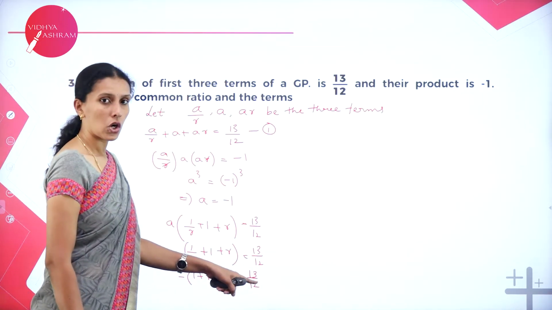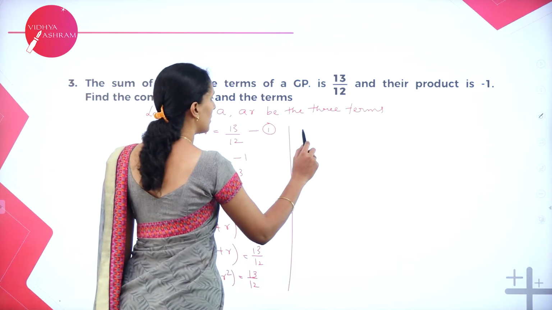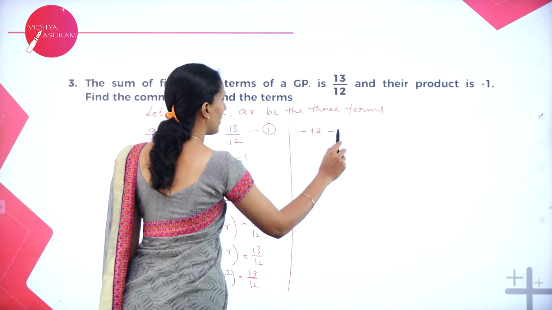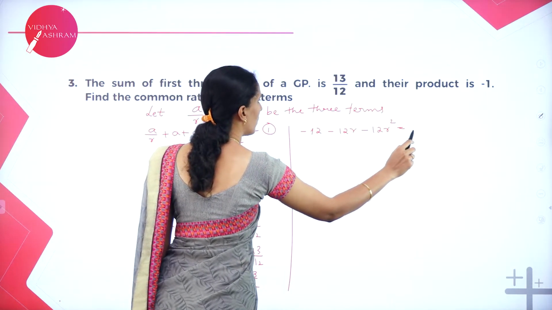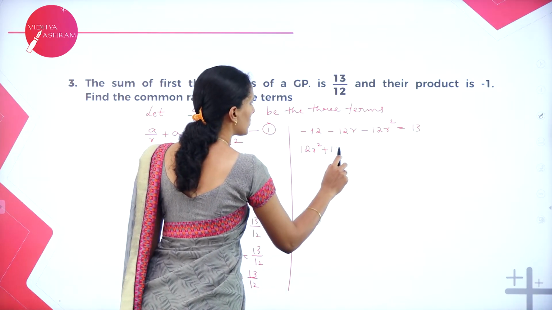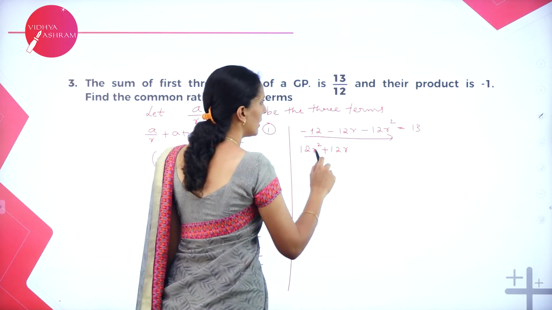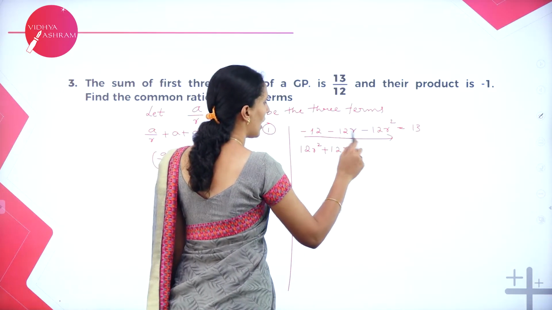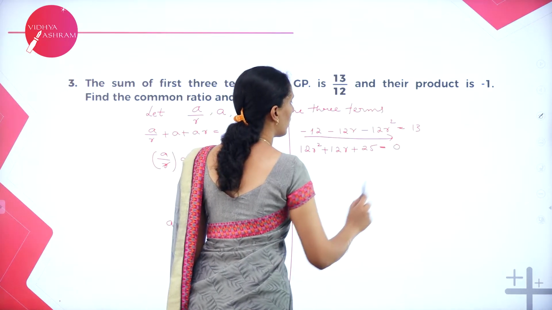So we can cross multiply this. We will get this as minus 12R minus 12R square is equal to 13, or we can write this as 12R square plus 12R. So when all these shift to that side, this is 12R square plus 12R and 13 plus 12 becomes 25, which is equal to 0.